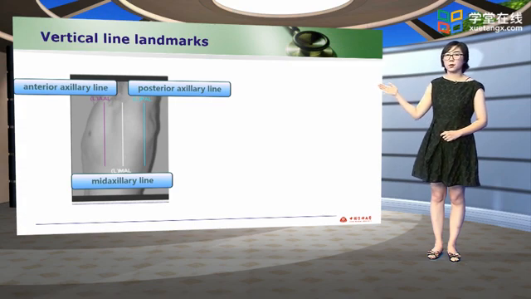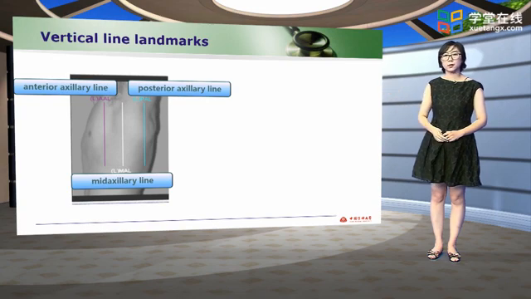In this picture, we can clearly see the anterior axillary line, posterior axillary line, and mid-axillary line. The anterior axillary line is just through the anterior axillary fold and runs along the anterior lateral wall of the chest.